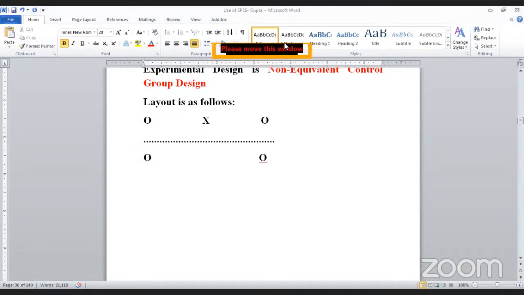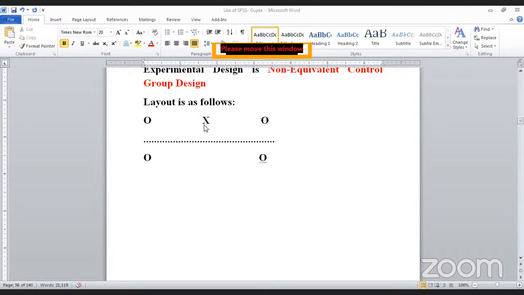Yes, Sojanya, please tell your doubt. O represents the testing.